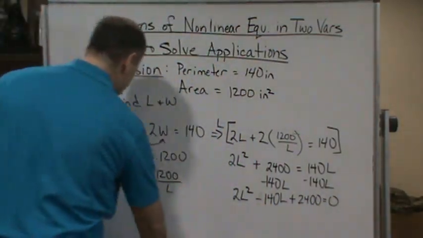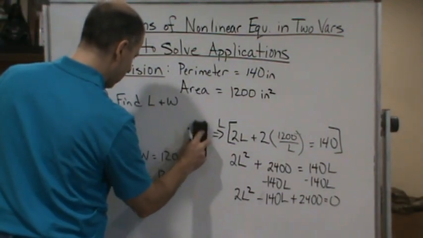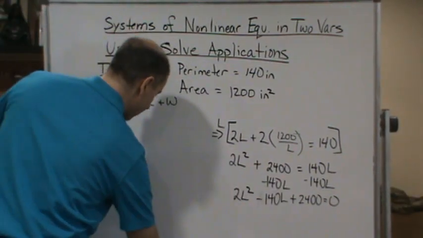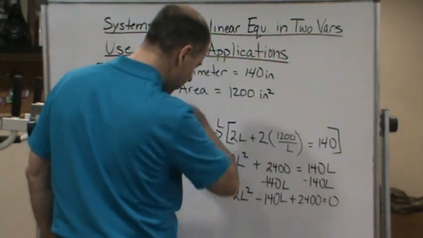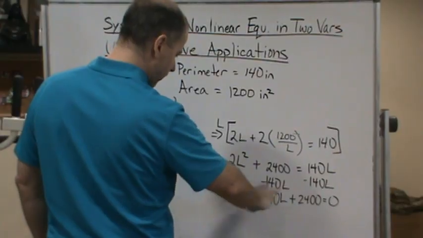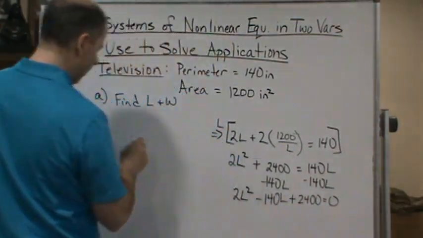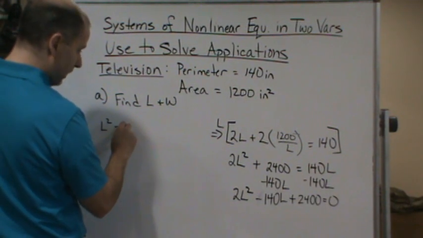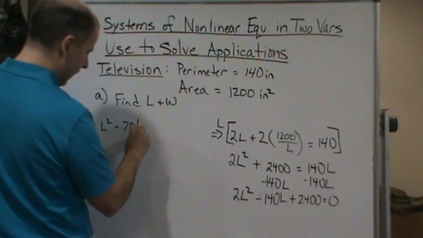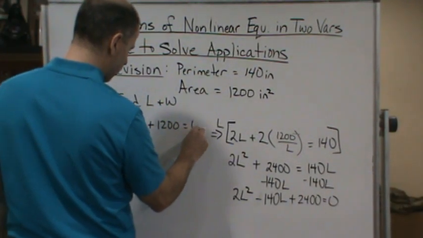Now I'm going to divide everything by 2, because it's not going to change anything. And when I do that, I get L squared minus 70L plus 1,200 is equal to 0.